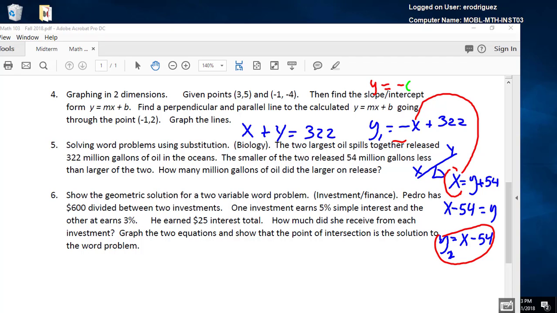It says the smaller one released 54 million gallons less than the larger. So I have to do something to y to get it balanced. That tells me that I have to take y and add this 54 million.